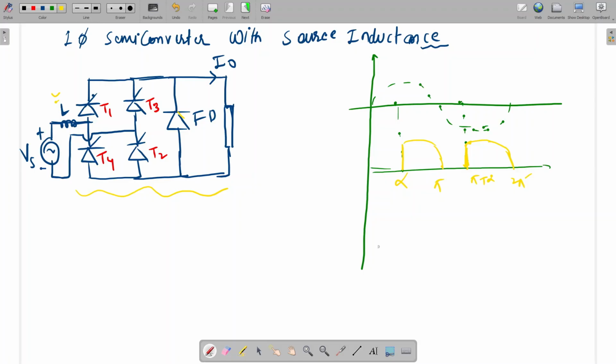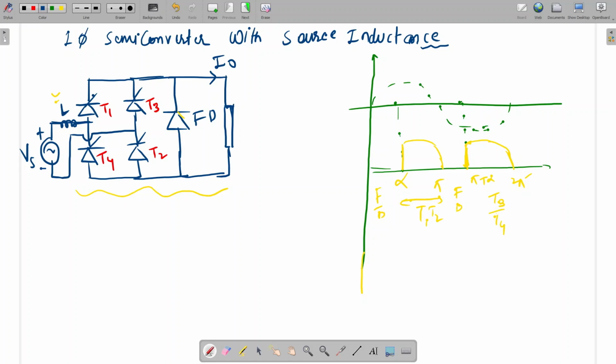For the current, from alpha to pi T1, T2 will conduct, then T3, T4, and in between the freewheeling diode will conduct, here also and here also.